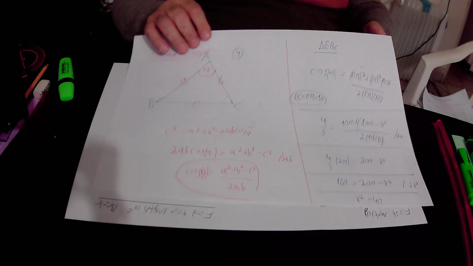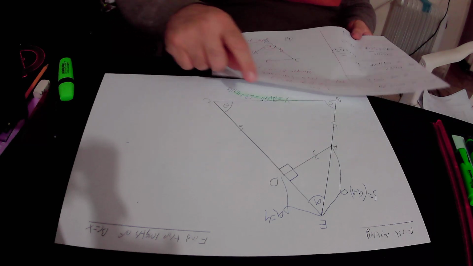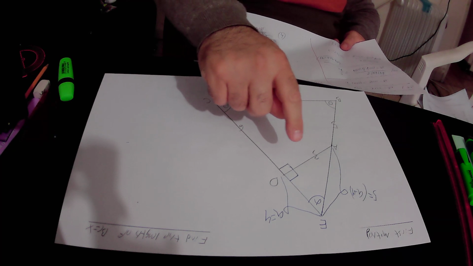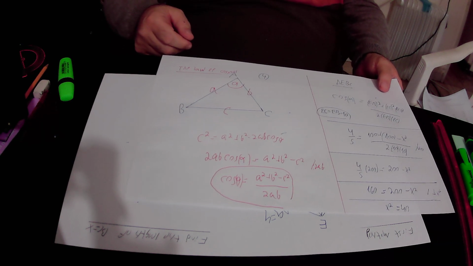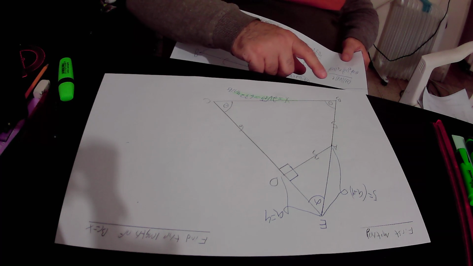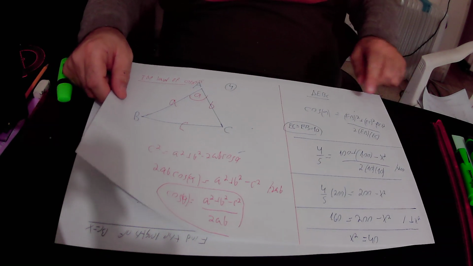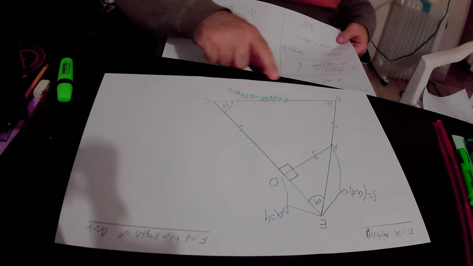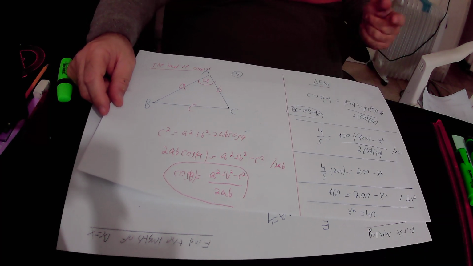In our triangle EBC, we get that cosine alpha equals A squared plus B squared minus C squared over 2AB. A is EB and B is EC, so it is EB squared plus EC squared minus BC squared, that is actually x squared, over 2 times EB times EC.